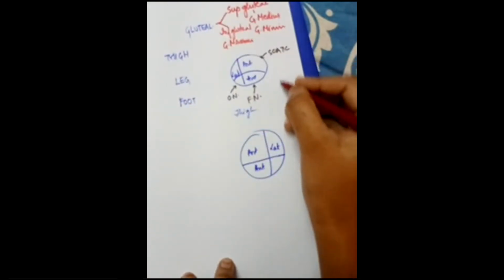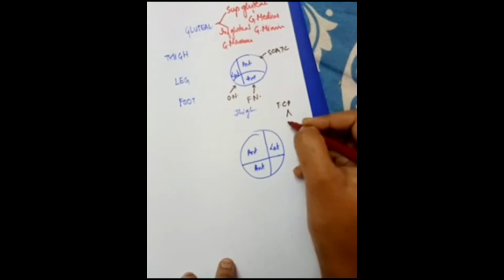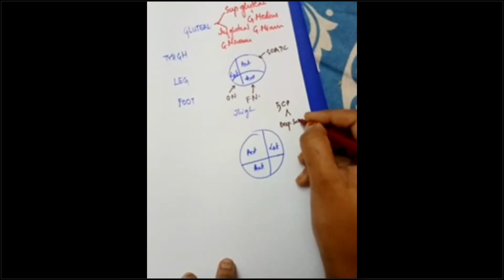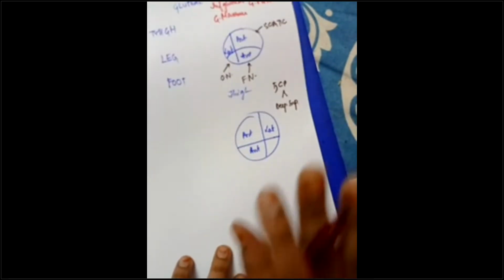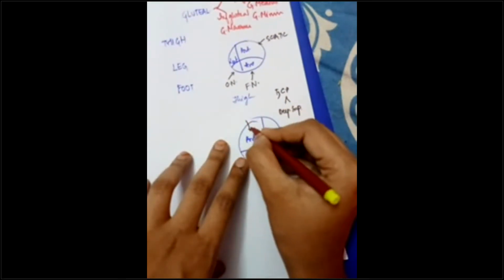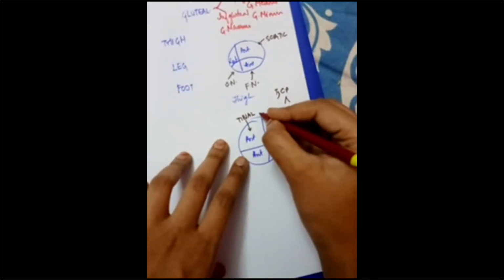Now this sciatic will give rise to tibial and common peroneal. Then common peroneal will divide into deep and superficial peroneal. So your posterior compartment is supplied by your tibial nerve.